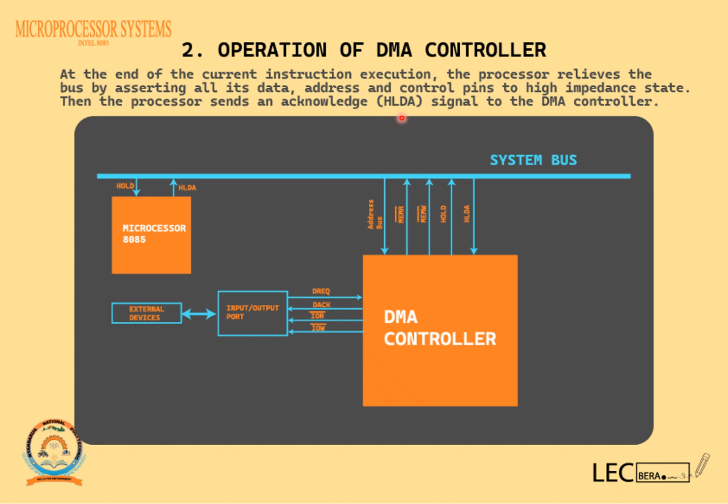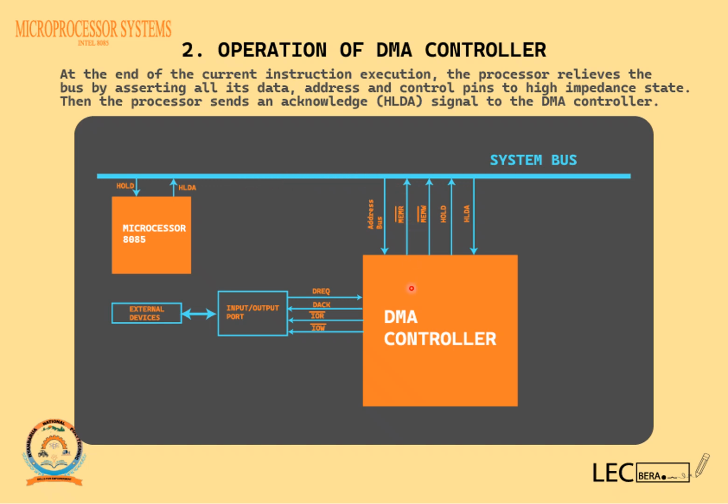So the second phase. Now after the microprocessor has received a hold signal from the DMA controller, the microprocessor is going to finish what it's currently doing. After finishing what it's currently doing, it's going to send the hold acknowledge signal.